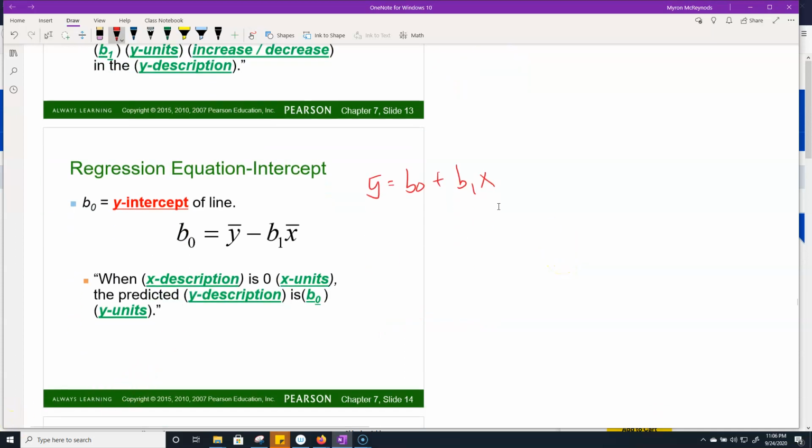Yeah, and all they did right there was just solve for B naught. They solved for the y-intercept. And basically, this is the y-intercept when x is equal to 0. Because remember, a y-intercept is when x is 0, y is going to be equal to B naught. So this is basically just algebra again, just written a slightly different way. It's not as complicated as it looks, especially when we get some problems. You'll see how it works.